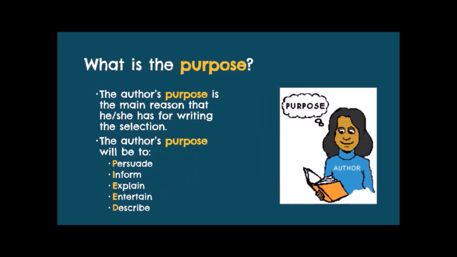So an author's purpose is the main reason that they have for writing. And there are 5 reasons why an author writes a piece. The first one is to persuade, to inform, to explain, to entertain, or to describe. And we use the acronym PIEED to help us remember these 5 different purposes that authors write with.